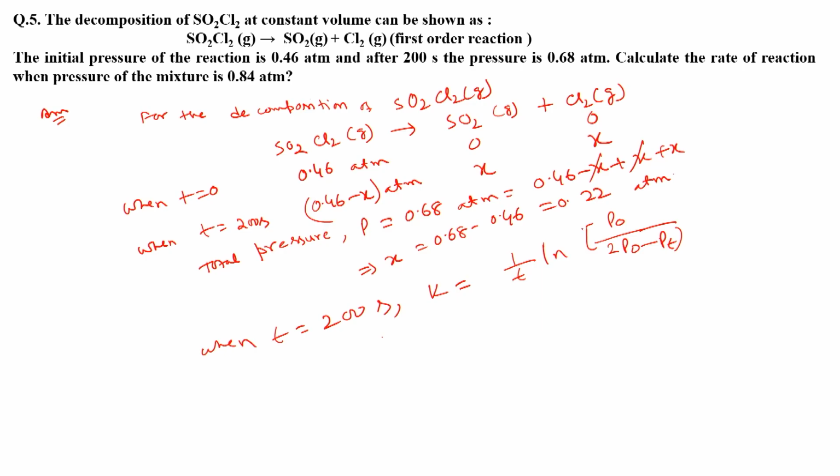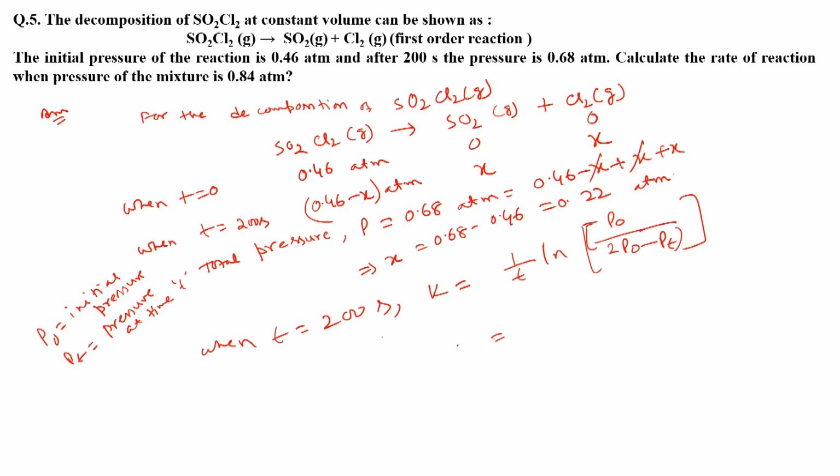So what is the value of P naught? P naught is the initial pressure, and Pt is the pressure at time t, right?